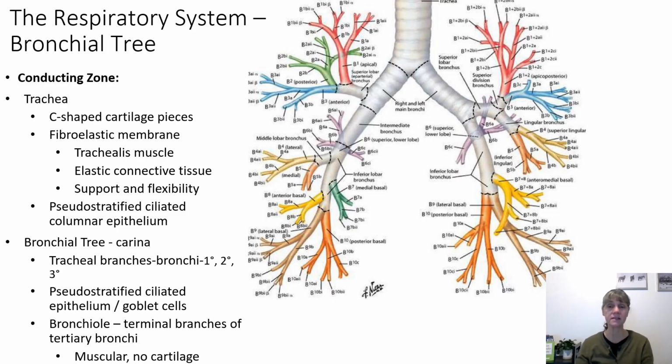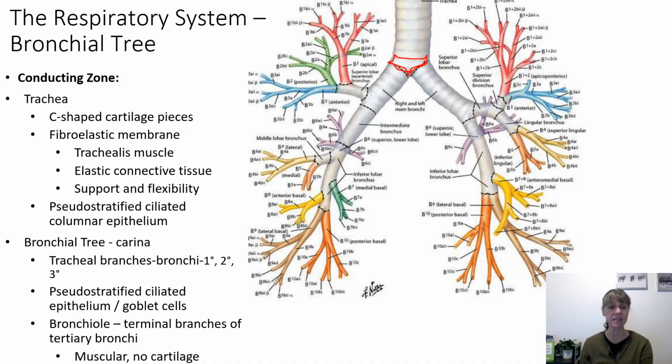There is a special piece of cartilage at the inferiormost aspect of the trachea known as the carina, and the carina is where the trachea splits into the bronchial tree. Now the bronchial tree has complete rings of hyaline cartilage. There is a right and left primary bronchus, and that will divide into secondary bronchi and tertiary bronchi.